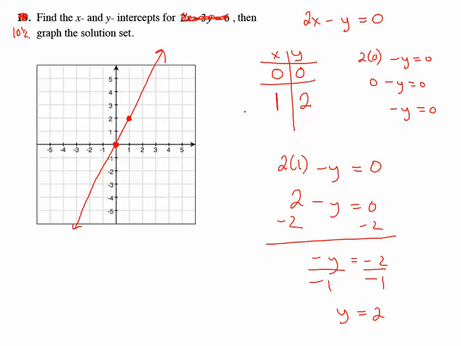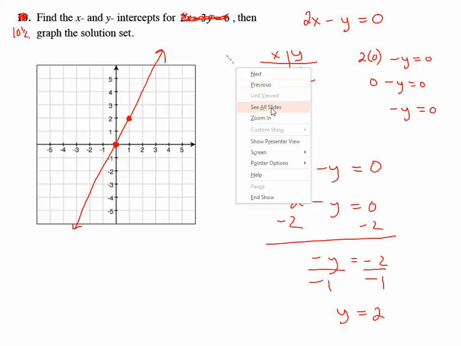Okay, since I think we got it now, let me throw you an interesting one here. Y is equal to x squared minus 1. Alright, let's see how we're going to do this.